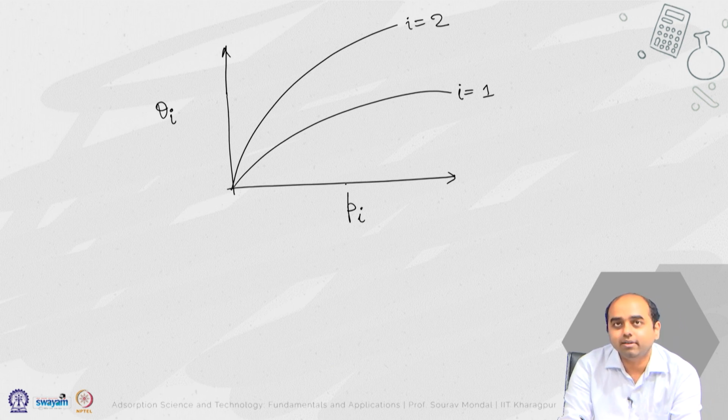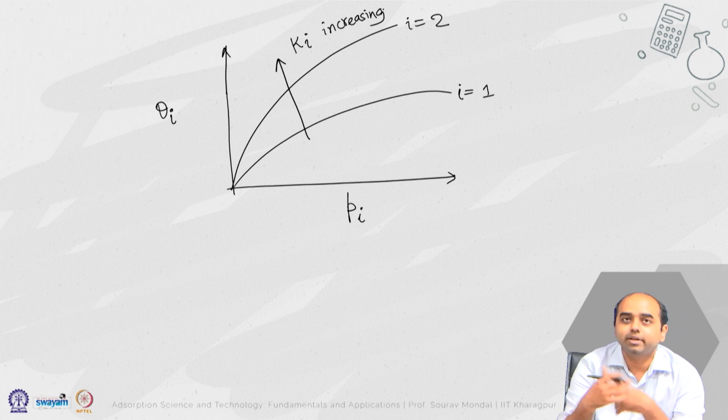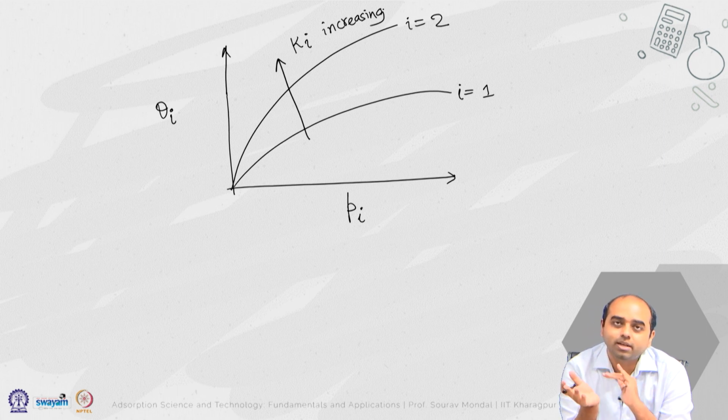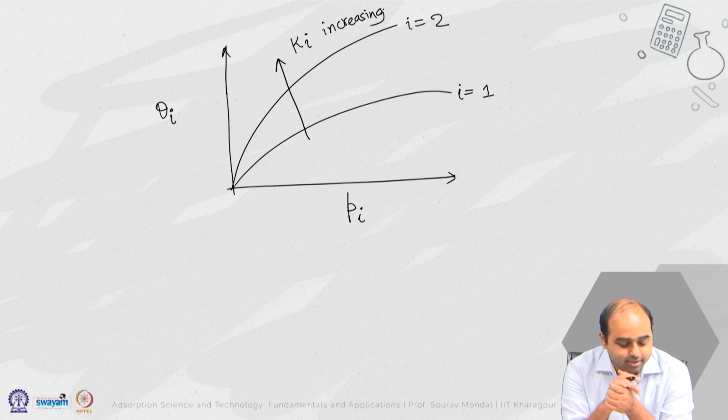Depending on the value of Ki, the separation efficiency can be more or less, and accordingly the nature of the isotherm can be different. At particular low partial pressures, a particular species may still be adsorbing whereas the other one has already reached its equilibrium concentration. That kind of scenario is highly possible.